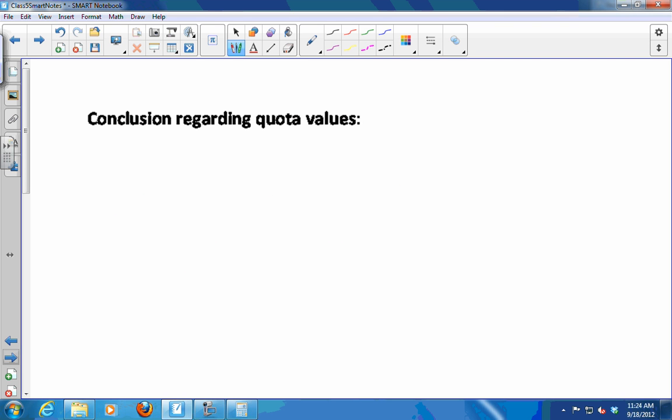This is another bad situation for voting. So where do we want to set the quota? You know, we want to avoid ties, and we can't set it higher than the number of votes. So where do I want to keep that quota? Between what two values? We want it to be less than the total number of votes, right? Or equal to, yes, because we could require a unanimous vote.